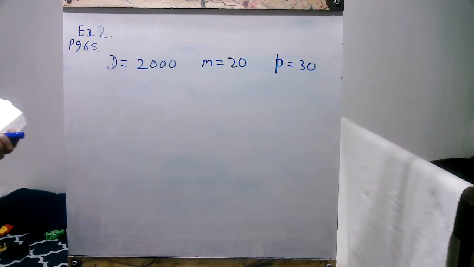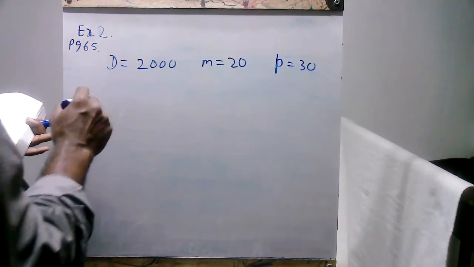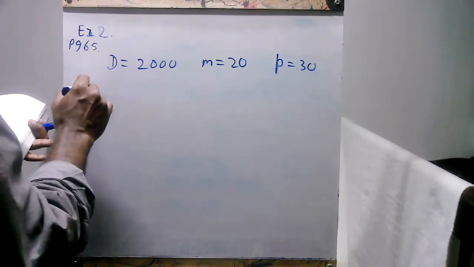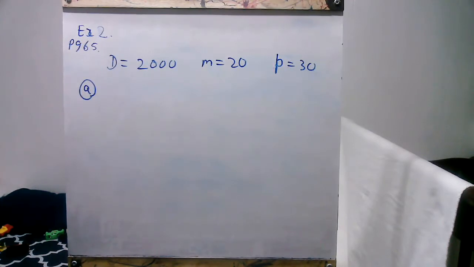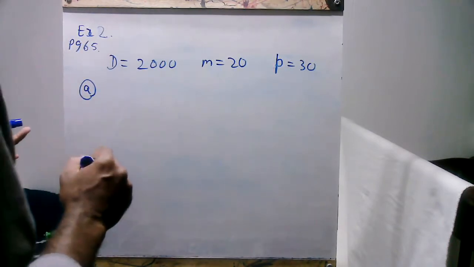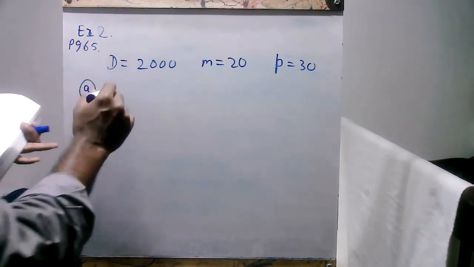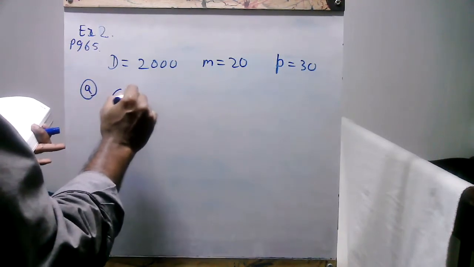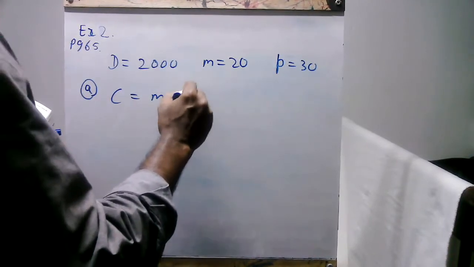Part A, find the cost and revenue equations and a break-even point. Cost equation is what? C equals mx plus d.